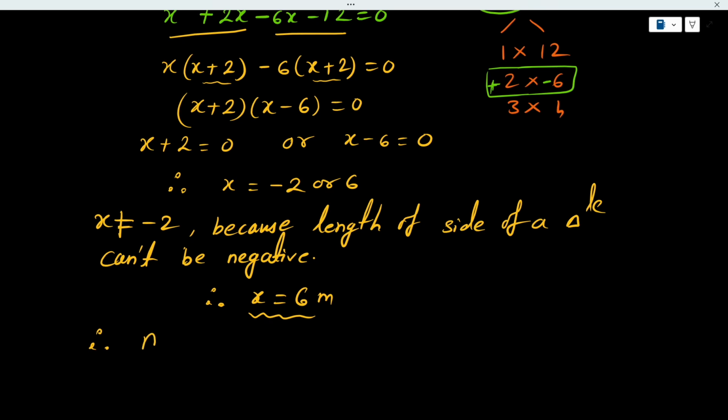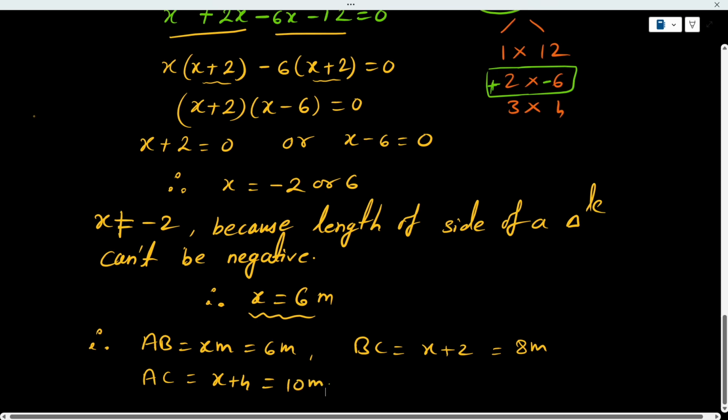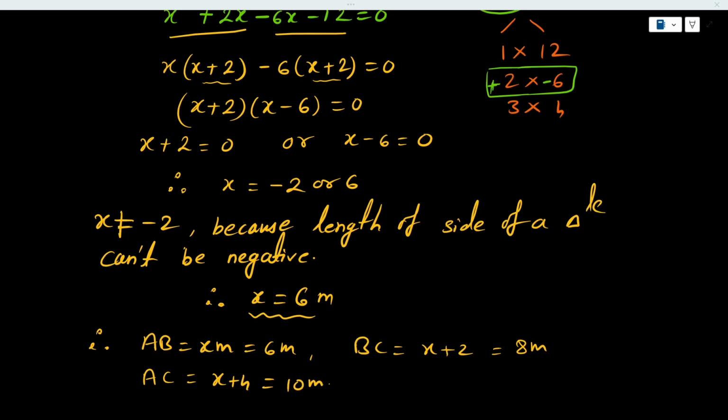AB is x meters, which will become 6 meters. BC was x plus 2 meters, which is 6 plus 2, 8 meters. And AC, which is the hypotenuse, is x plus 4, that will become 6 plus 4 as 10 meters, right? So you got all the three sides of the triangle.